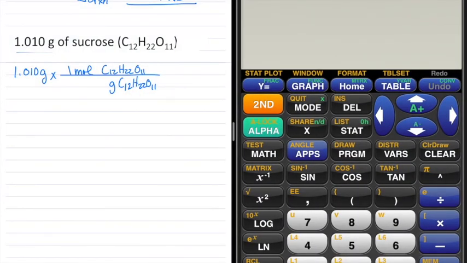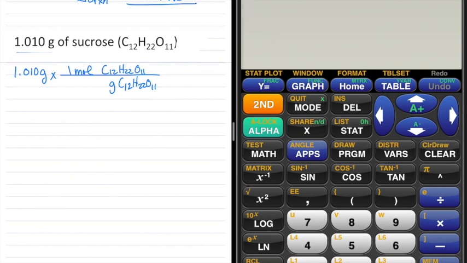All right, so we have 12 carbons, and those are 12.01. And it looks like we have 22 of our hydrogens, 1.008, plus 11 of our oxygen, which are each 16. So it looks like I'm coming up with a molar mass of 342.